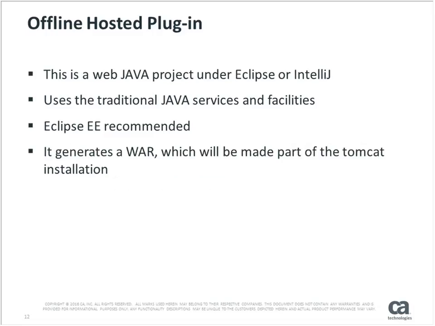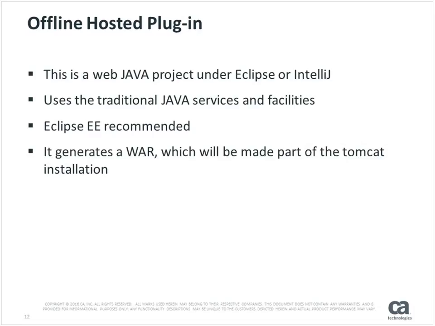Okay, an offline hosted plugin. This is your typical web Java project under Eclipse or IntelliJ. You are basically using traditional Java services and facilities. It is recommended that you use Eclipse EE, Enterprise Edition, to complete this area, and you will be creating what is called a dynamic web project to build it properly.